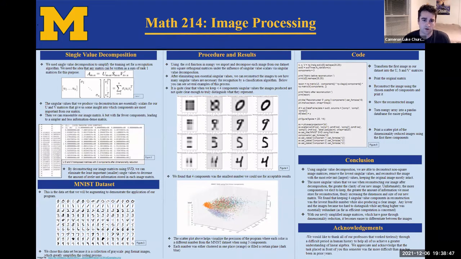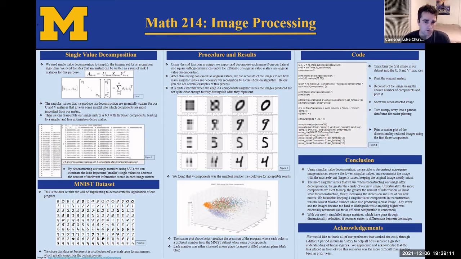The largest ones are the ones that correspond to the greatest scalar multiplication of those two square matrices, and the smallest ones are closer to the kernel. We can remove the smaller singular values to augment the original matrix. Then we can reconstruct it and we'll have a new matrix.